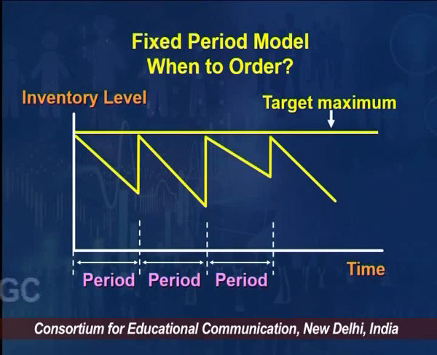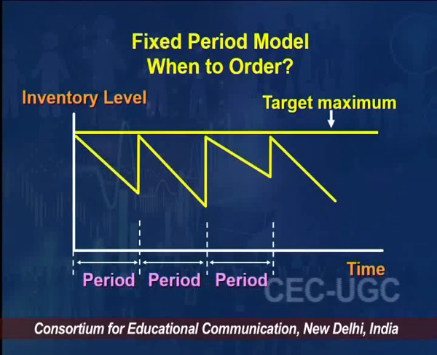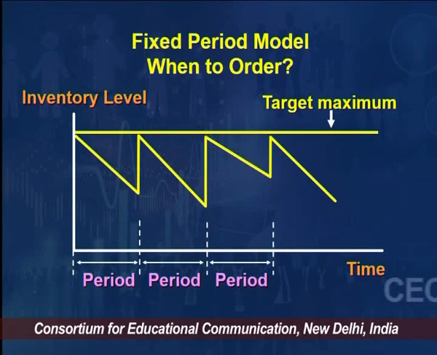In the third period, the consumption is less, and so the order given is also less. So every time the quantity ordered is varying. Sometimes the quantity ordered is more, sometimes it is less. So this is called fixed period model or P model.